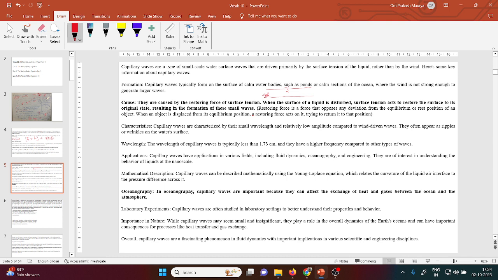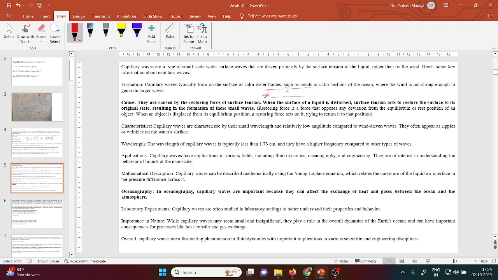The surface tension of the fluid particle is lost and then restored, lost, then restored. This phenomenon happens, and due to this the surface of your liquid becomes a wave kind of thing, a very small scale wave. This is known as the capillary wave.